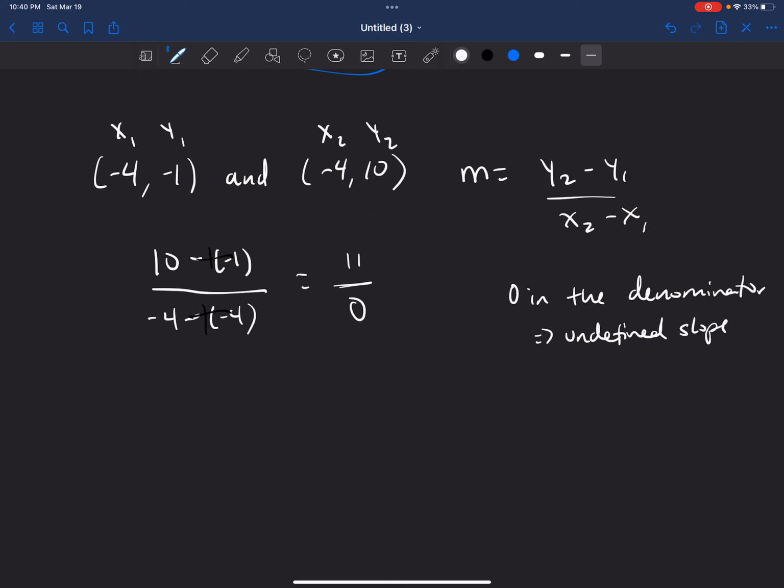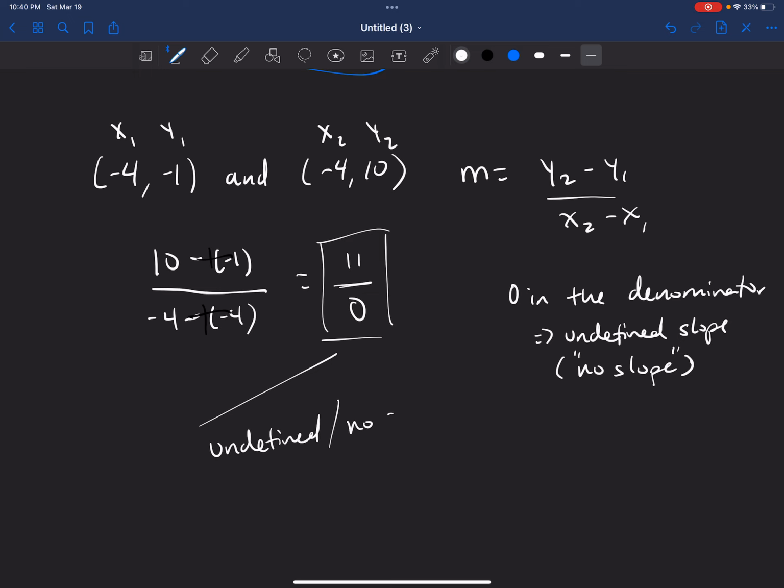We don't have a 0 slope, we have an undefined slope, or you can say that it has no slope. Okay, so this over here, you need to make sure that you are clear. This indicates that we have an undefined or no slope.